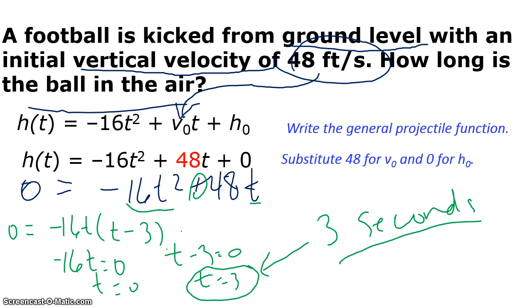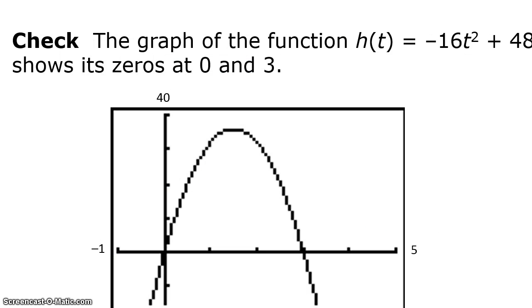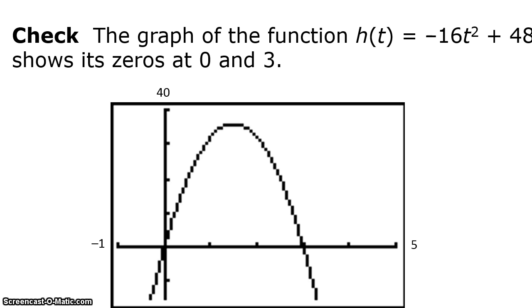Okay, let's take a look at that. So here we are. We're at the ground. When it started, it was at 0 right here. So it was kicked up. It went up, it hit that maximum point, and it came back down. And you see that it was at 3, so it was in the air for 3 seconds.